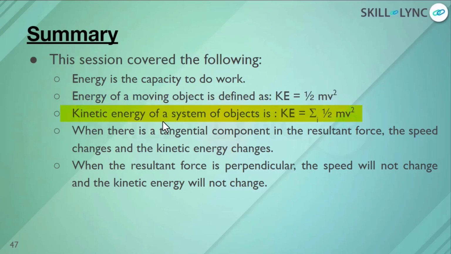Further, we have learned that the kinetic energy of a system of objects is KE equals the summation of half mv square, where the number of objects is i. That means if there are i number of objects in the system, then the kinetic energy of the total system can be written as the summation of half mv square over all the i objects.